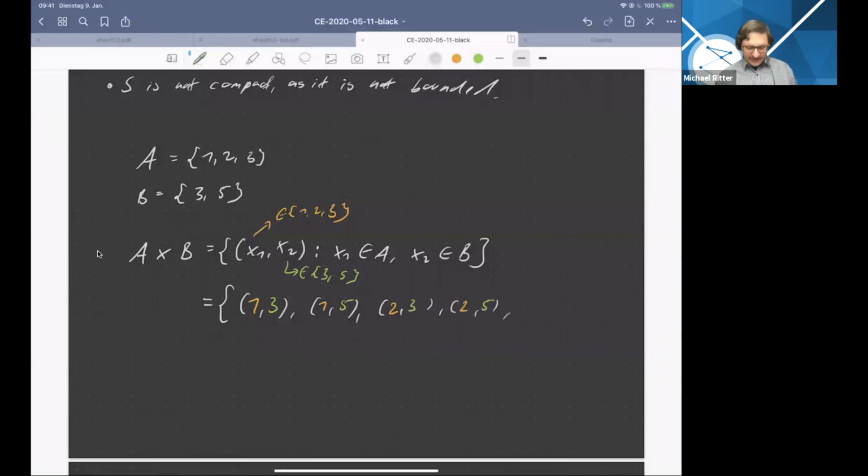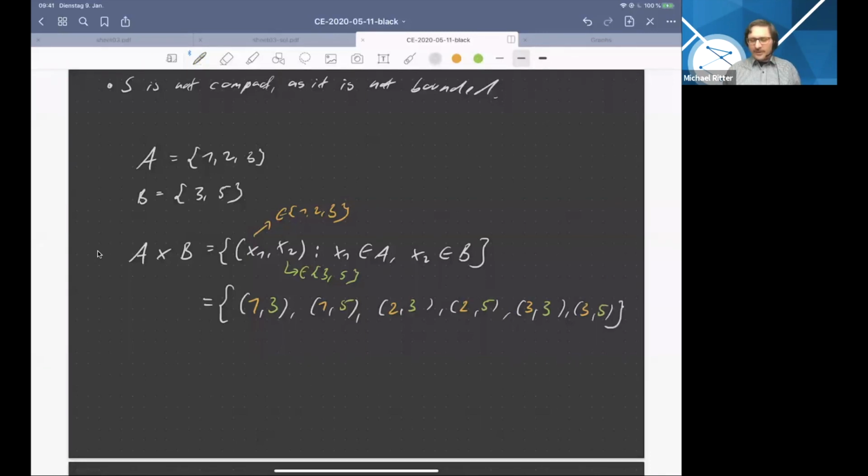And finally, for the first coordinate, we could also choose 3. And again, we have two possibilities for the second. We can choose 3 and 3, or we can choose 3 and 5.